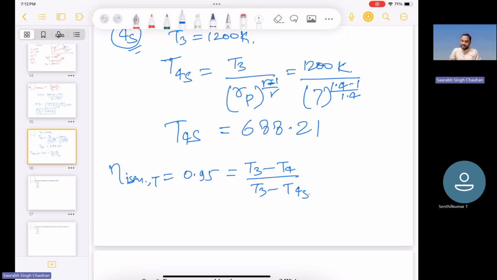So in this case, you can see T3, let us say, is constant, and T4S is less than T4. So this whole efficiency will be less than 100%.